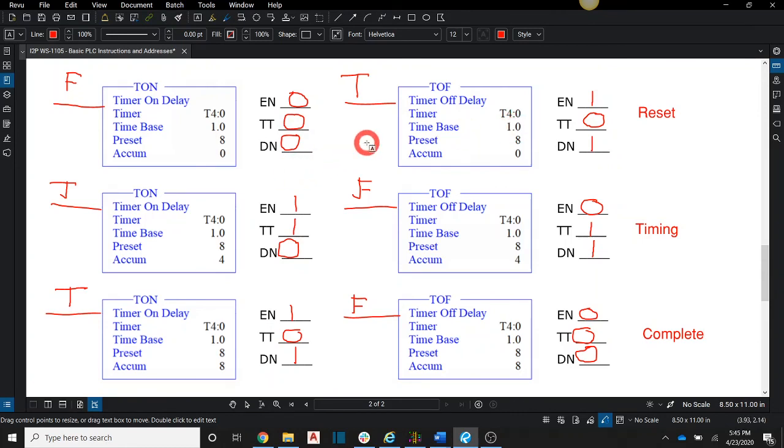The active timing is still going to be the same, off delay or on delay. And then the done bits are polar opposites of one another. So here it's 0, there it's 1, here it's a 0, there it's 1, and here it's a 1, and there it's a 0. So you can kind of see the behavior and how the different timers relate to one another. I hope that helps, and we'll see you in the next video.